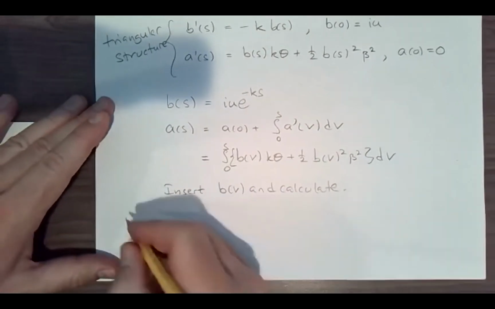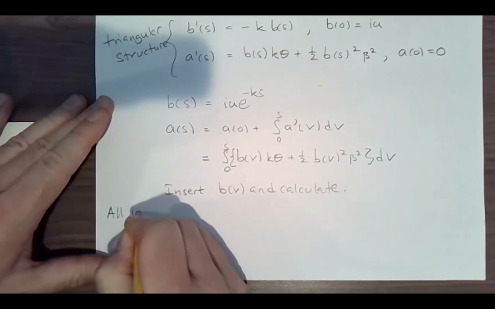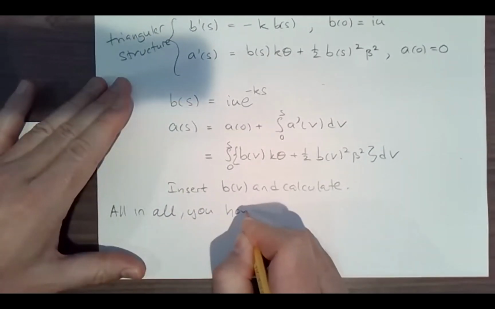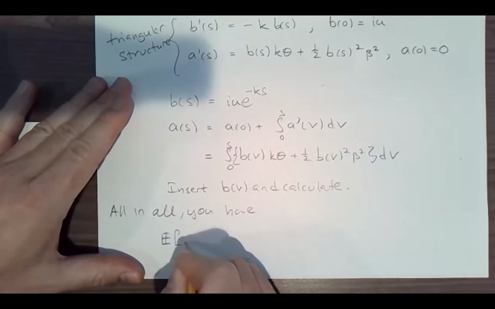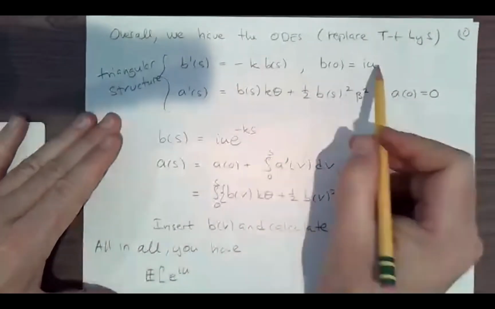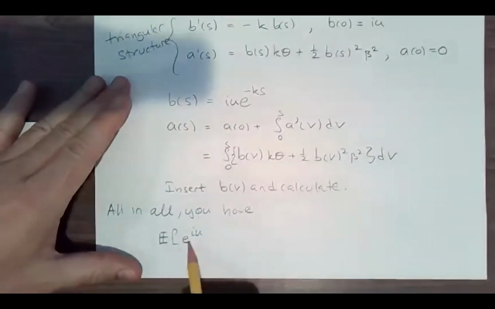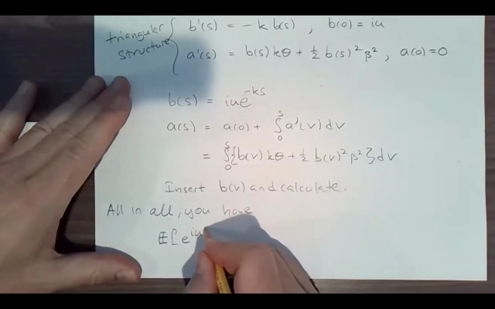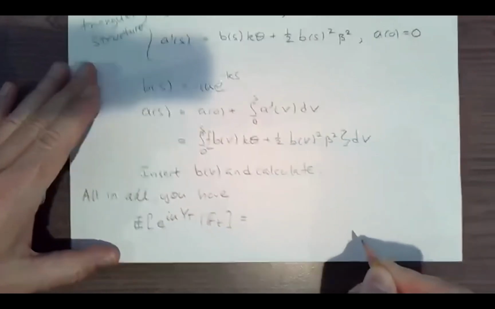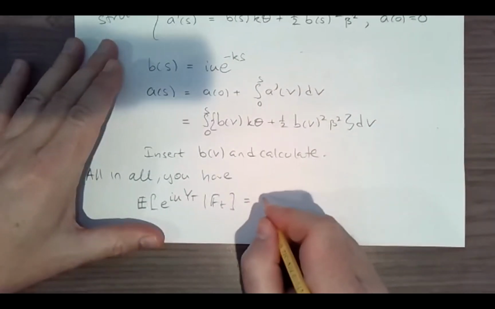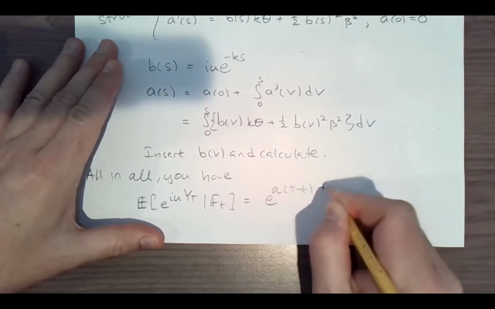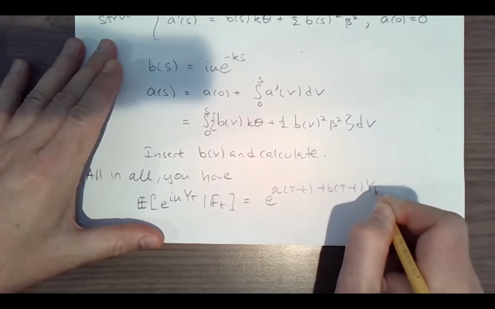And so all in all, you have that this conditional expectation, like the u here, that value you have up here, this is the Fourier variable. You know that this is equal to e to the A of T minus t plus B of T minus t Y t.